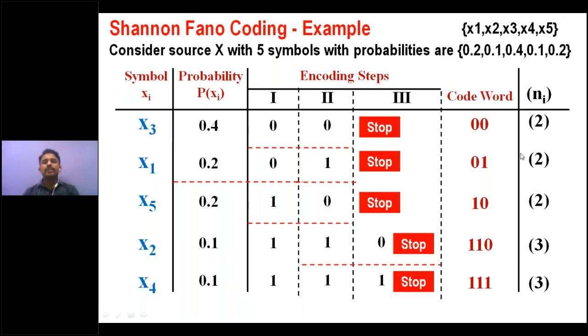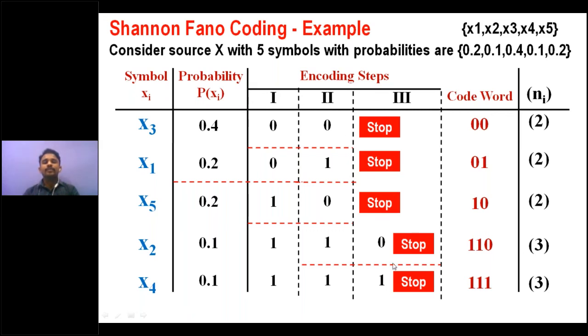And similarly, there are a few rules in Shannon-Fano coding. What are those? The first rule is, at the time of encoding in all these steps, see, in these encoding steps, the first symbol will be stopped at the first position, the second symbol will stop at the second position, the third symbol will stop at the third position, and the last symbol will stop at the last position.